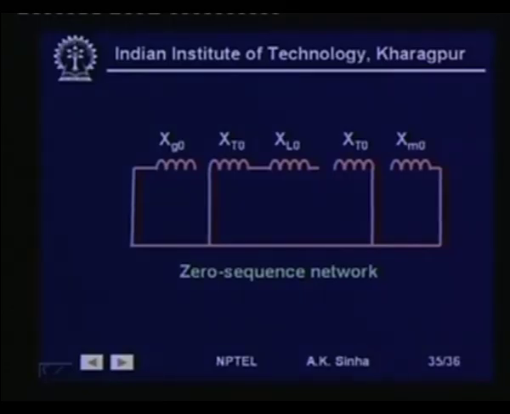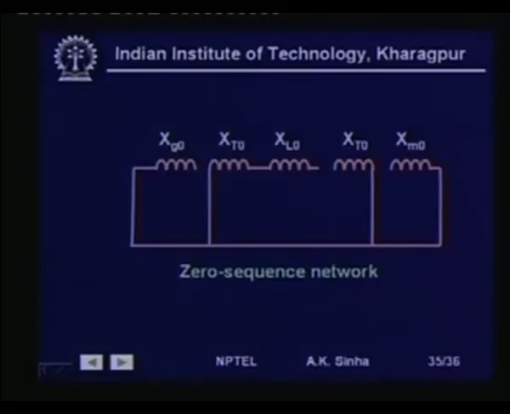So, this is how we can assemble the sequence networks for various components to build the sequence network for the power system. Depending on the transformer, the zero sequence networks do change, whereas the positive and negative sequence networks are very similar to each other, except that the negative sequence network does not have any voltage source in it.